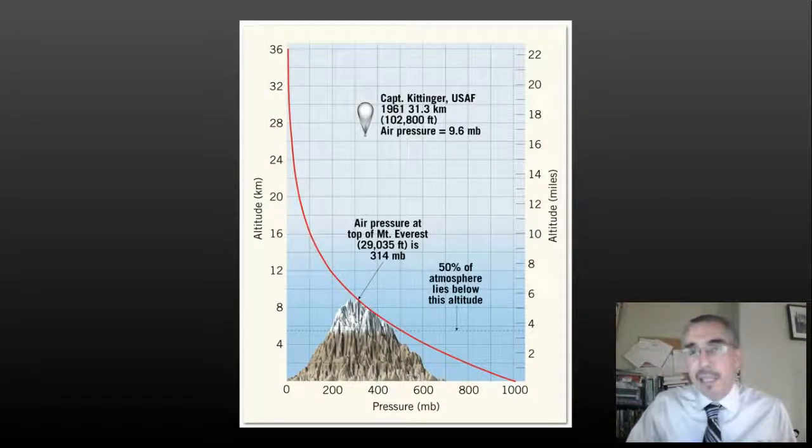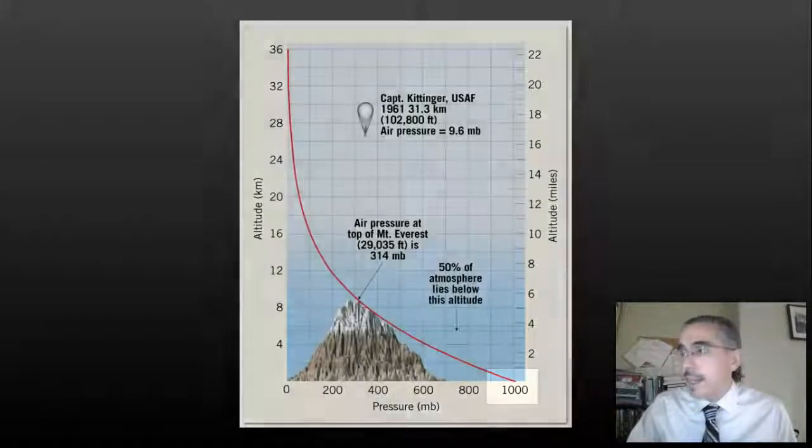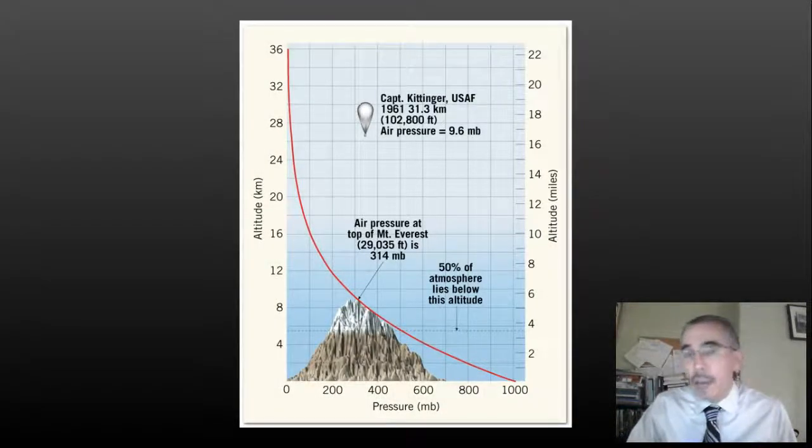So you read the x-axis relative to the red line. If we start at the surface of the Earth, the air pressure at that point on the x-axis is 1,000 millibars. As you follow the red line up, you see that air pressure drops with altitude.